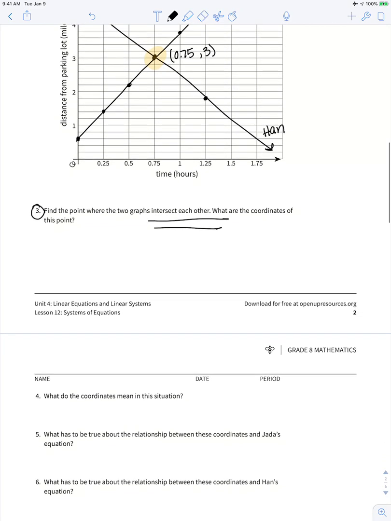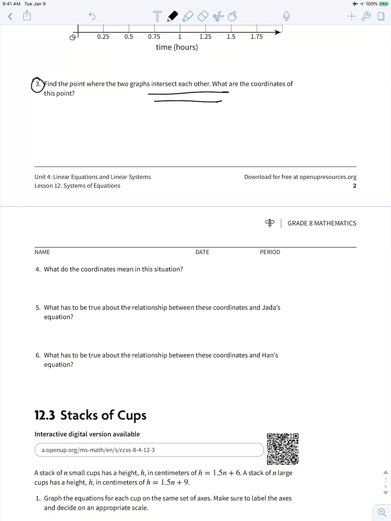So what does that mean? Well, first of all, we know that 0.75 is the hours, which is essentially 45 minutes. And it's 45 minutes after Han left the lake that he will pass Jada on the trail. So this happens at 3 miles from the parking lot.